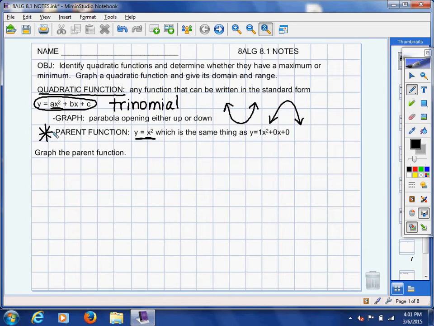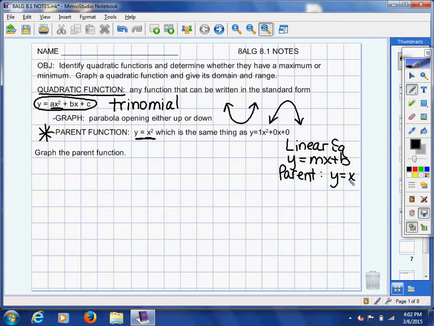Now, as you may recall, when we studied lines, when we did linear equations, we talked about different forms. Here's slope-intercept form. The parent function for a linear equation is y equals x, okay?